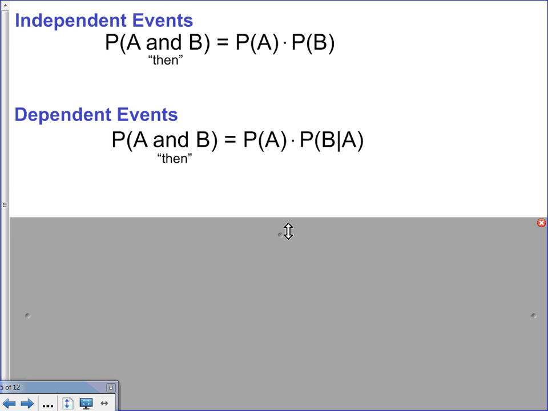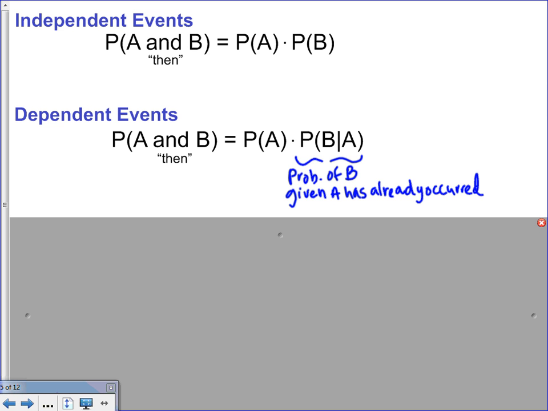We say this piece right here as the probability of B given A has already occurred. Probability of B given A has already occurred, and that's that extra condition. This only happens with dependent events because that second probability depends on what happened in A.